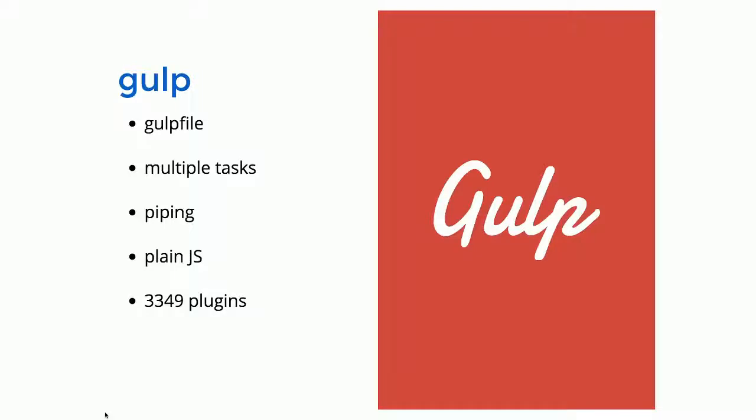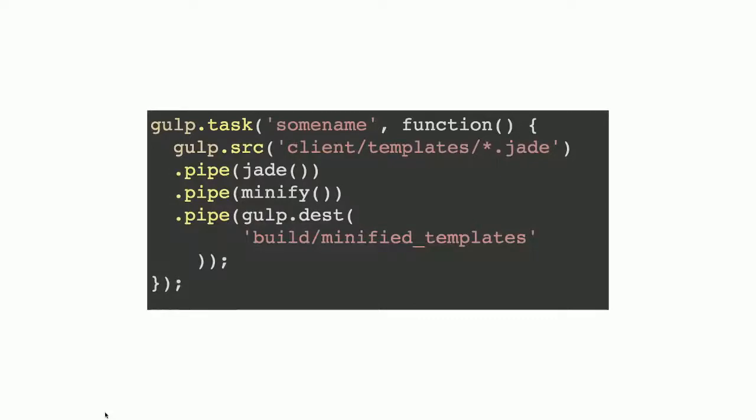And basically right now there are 3,349 plugins for Gulp.js, which you could use, which do a lot of predefined stuff. Sometimes I wonder why I would use it, but the plugins are there. And if you go to the next slide, we can see how such a task looks.